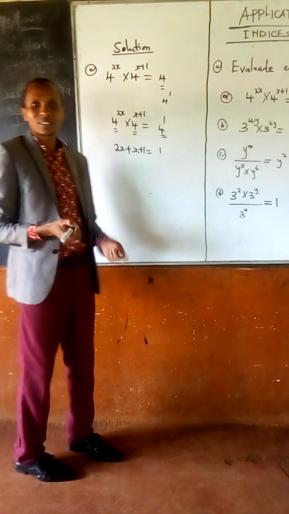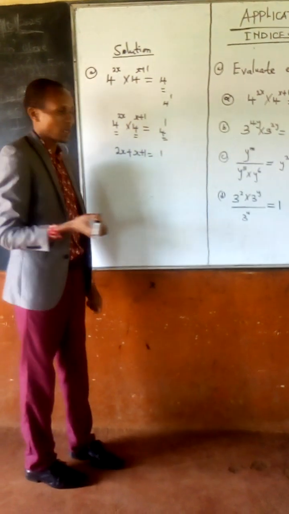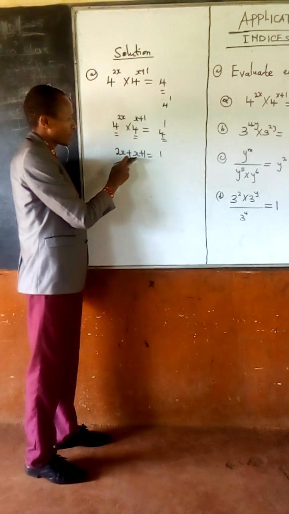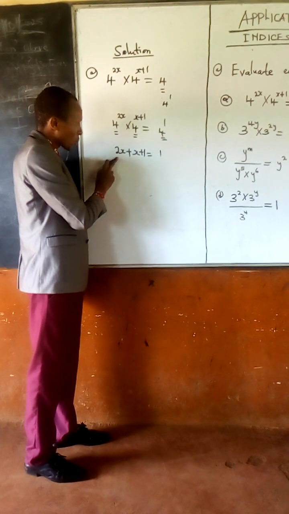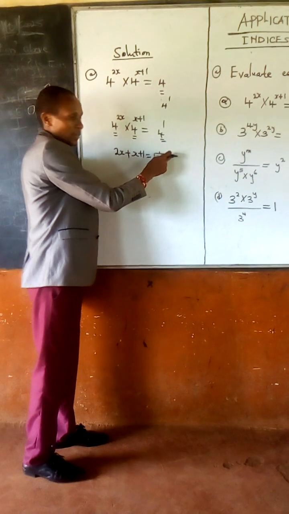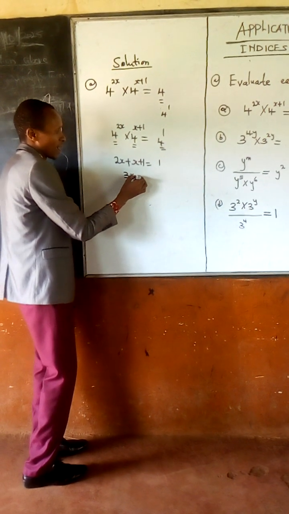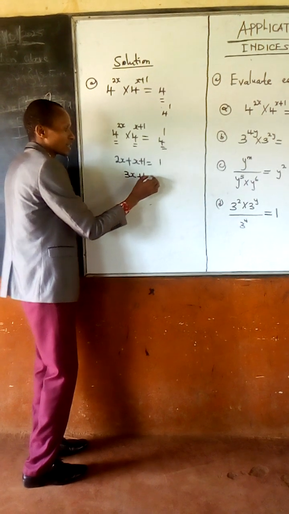Then from there, class, ensure that you put the like terms together. So 2x plus x gives us 3x plus 1 is equal to 1.